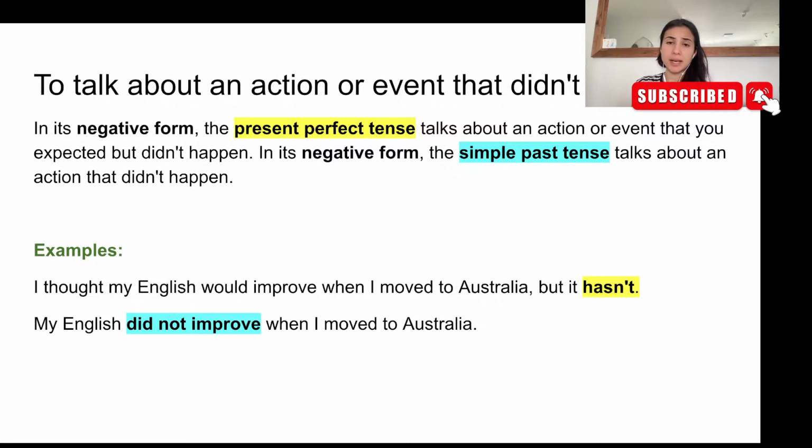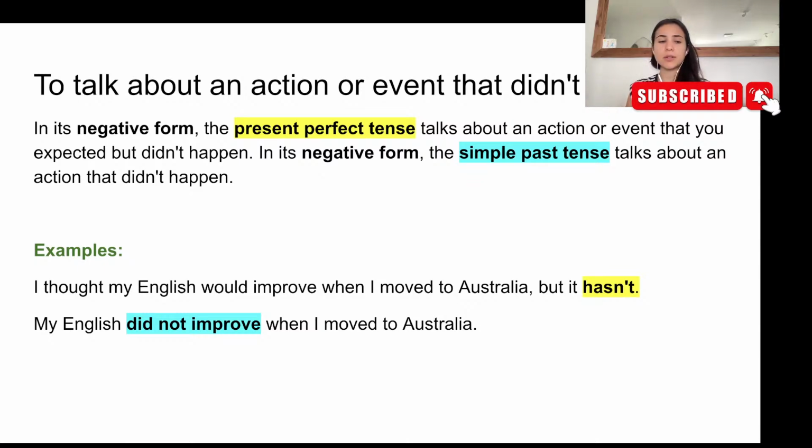It did not take place. Okay? But with the present perfect, it's an action that you thought would happen. You were expecting it, but something must have happened and it didn't actually pan out the way you thought it would. Okay? With the present perfect, there's an expectation. With the simple past, it's just simply a statement, something that did not happen.